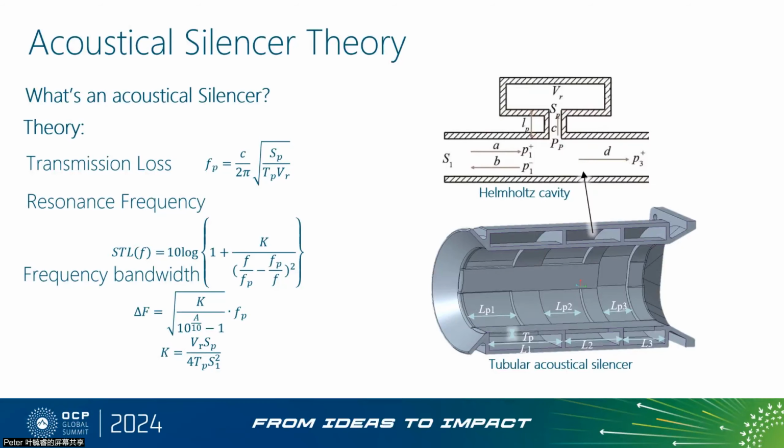Each cavity within the silencer can be tailored to adjust a specific frequency, allowing for a targeted approach to noise mitigation. Please refer to the diagram on the lower right, which illustrates a recommended design for an acoustical silencer.